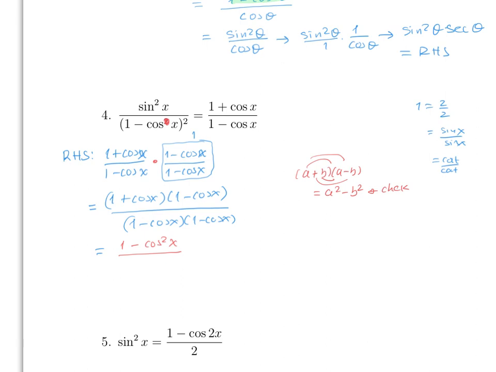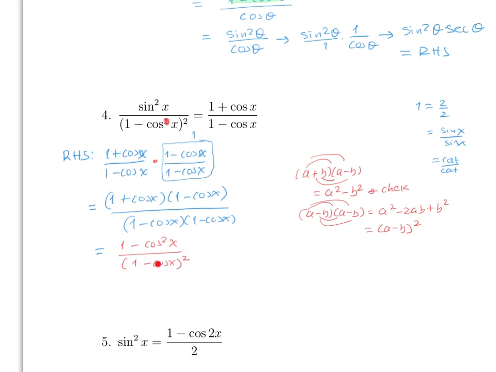We did that before. And on the bottom, notice that you have a minus b times a minus b. You can either expand it and say this is a squared minus 2ab plus b squared, using FOIL again. Or you can just see this is a perfect square, a minus b squared. So in our case, we're going to use the perfect square, and it will be 1 minus cosine x squared.